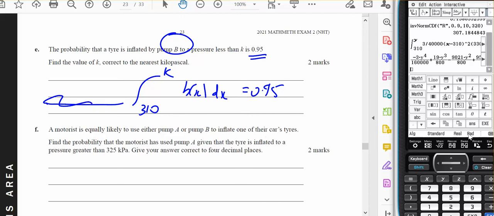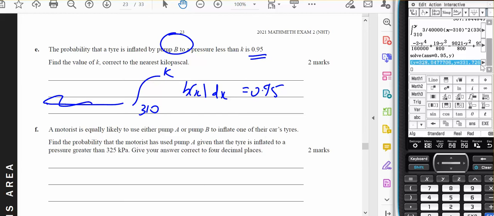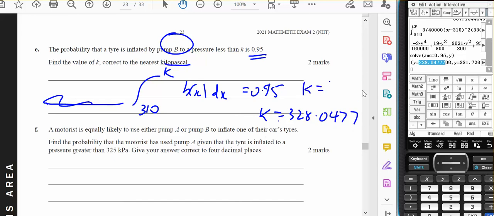I want to make that expression equal to 0.95, and solve for y. And I get 328 or 331. Since my upper limit is 330, I'm going to take 328. So K equals 328.0477, to the nearest hectopascal, K equals 328.